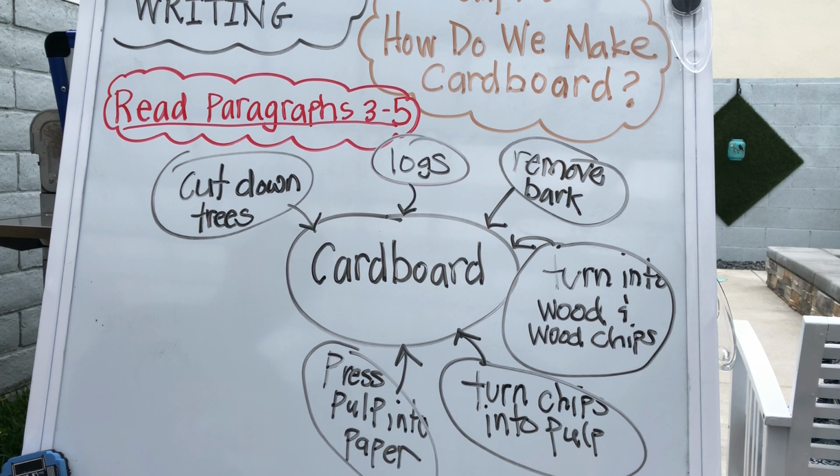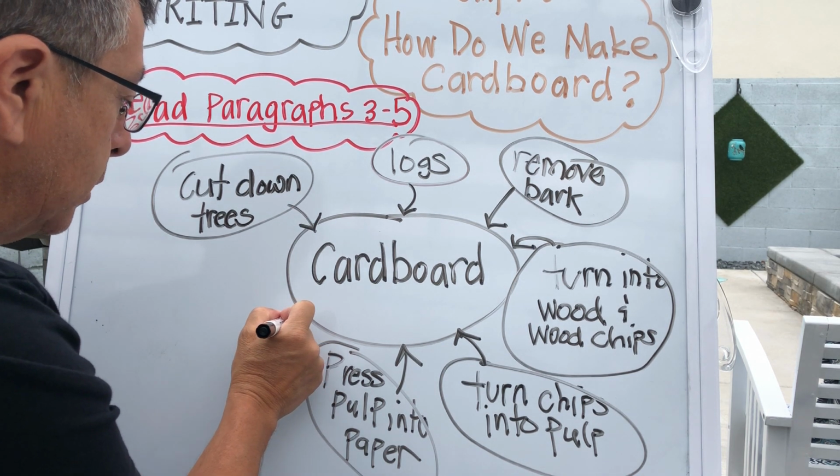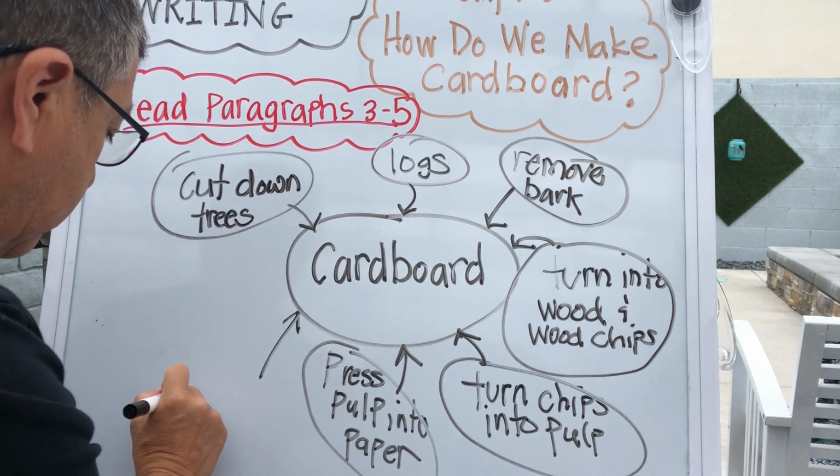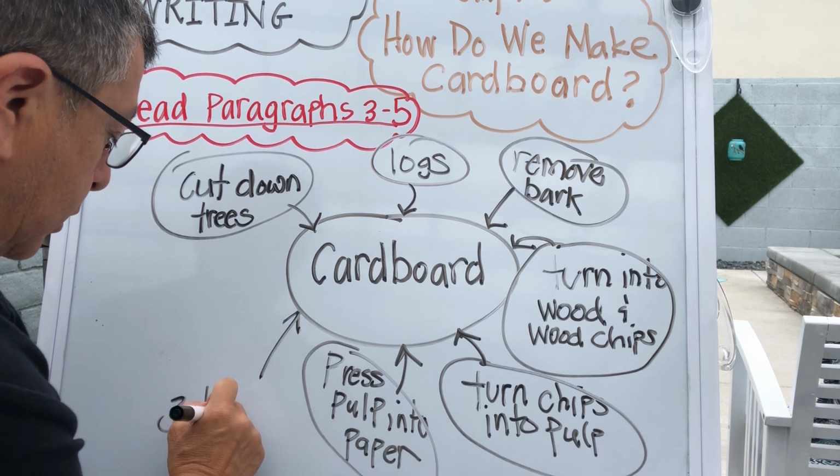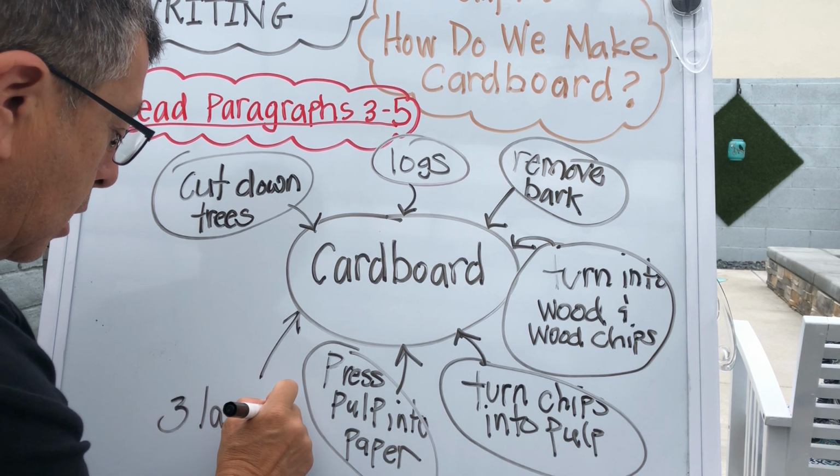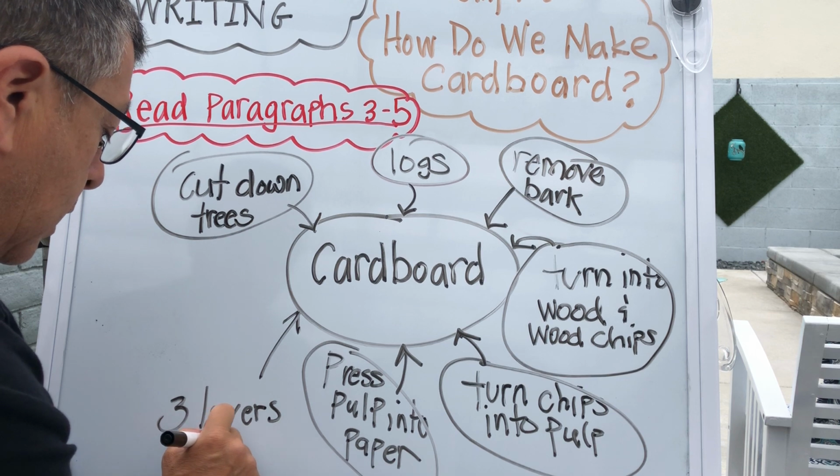So I think the next thing I want to write is after they press the pulp into paper, they need 3 layers of paper. Okay, let me draw a little arrow. I'll go here. You need 3 layers of paper.